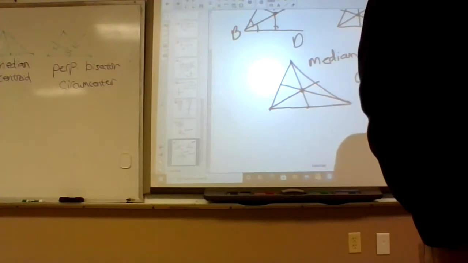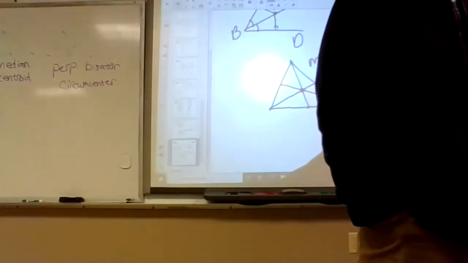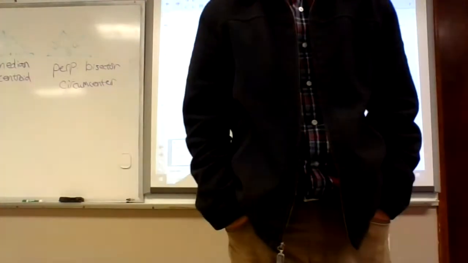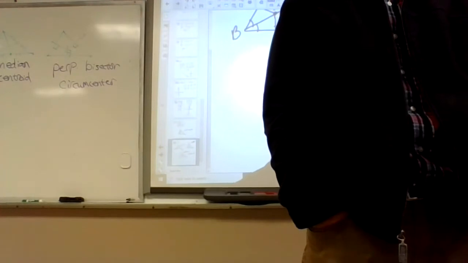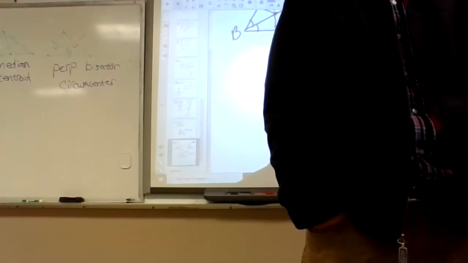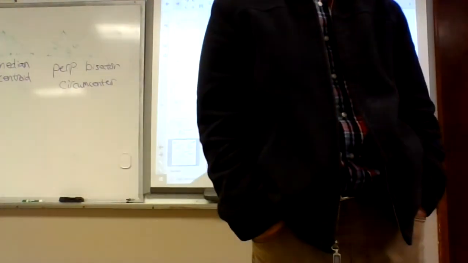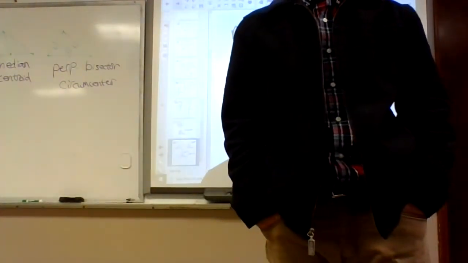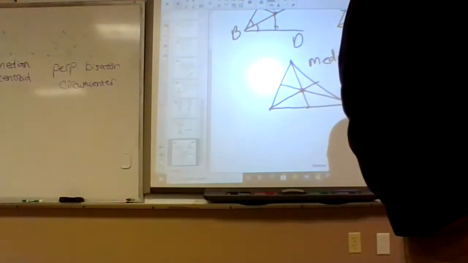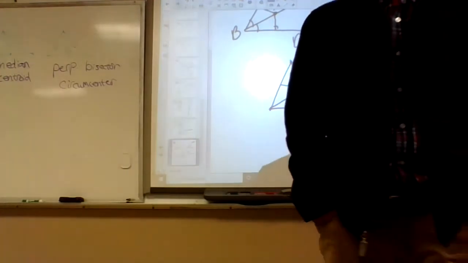You can tell because those little arcs around angle Y mean those two little angles are the same. B, perpendicular bisector. This one's kind of tricky. It's got to be perpendicular to the side and it has to bisect the side. It's got to make 90 degrees and it's got to cut a side in half.